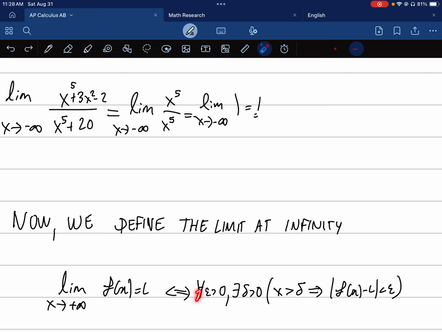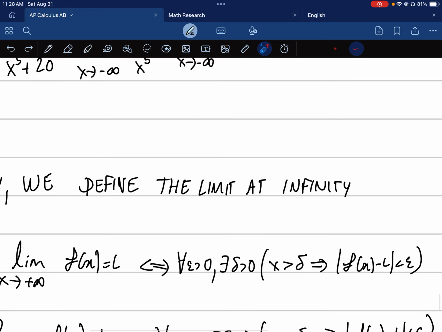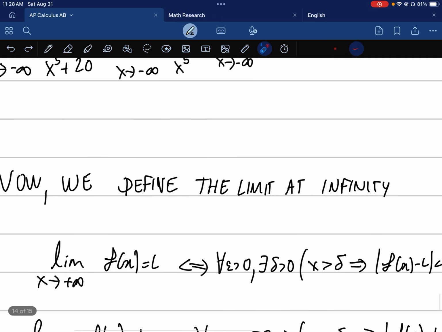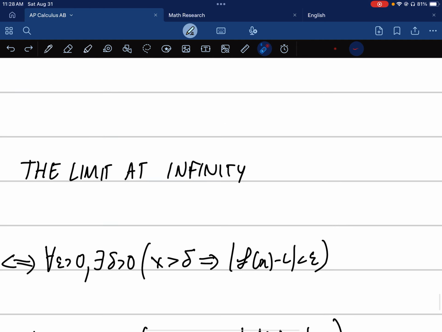Here is the only different part. Since we have an x at plus infinity, we have x is greater than delta. So that delta you give, the x has to be greater than it, which makes sense since we're going to plus infinity, right? And we literally just again copy this from our original limit.